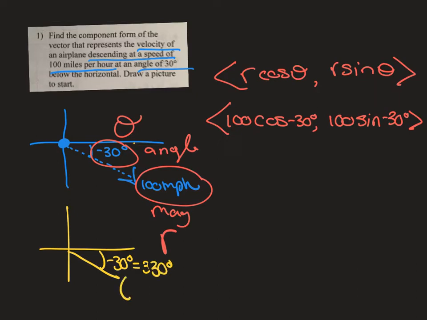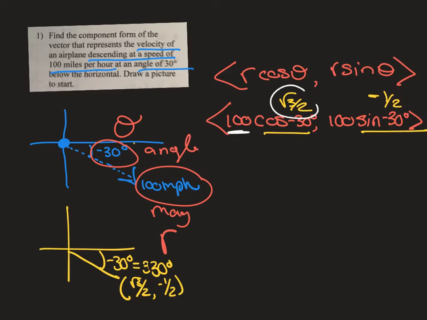So my ordered pair there is going to be √3/2, negative 1/2, because I'm in the fourth quadrant. I went down. So this piece right here is going to be my √3/2, and this piece right here is going to be my negative 1/2.